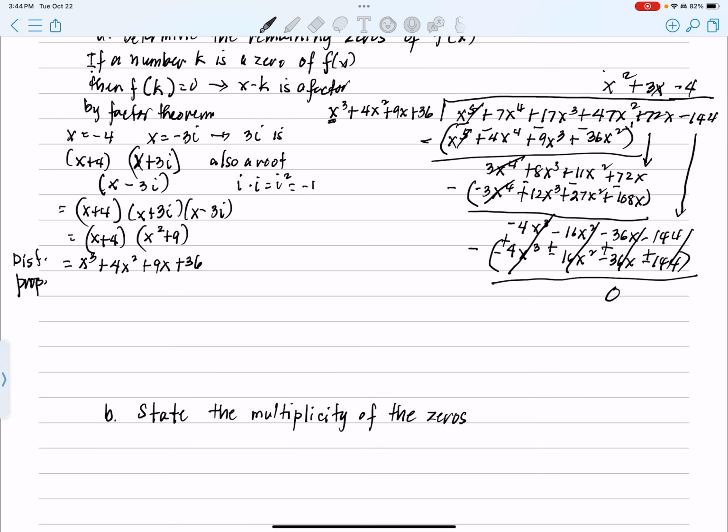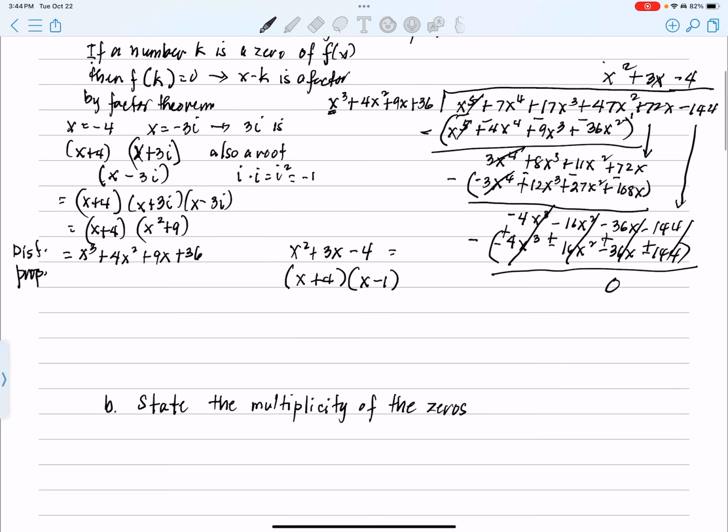Our result is x squared plus 3x minus 4. This is the time we are going to factor. What's the factor? x plus 4 and x minus 1. That's the factor.